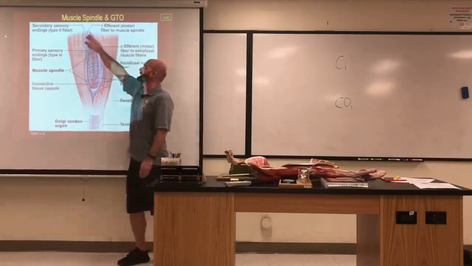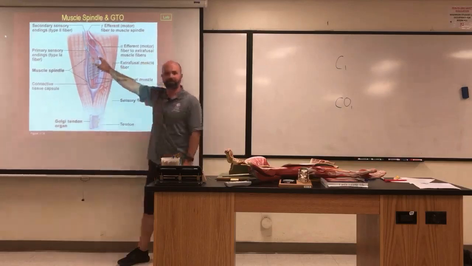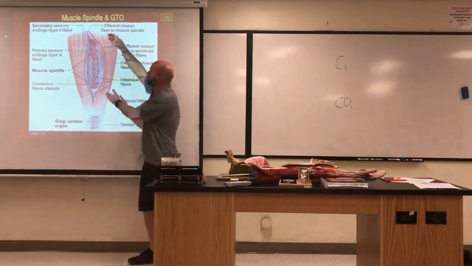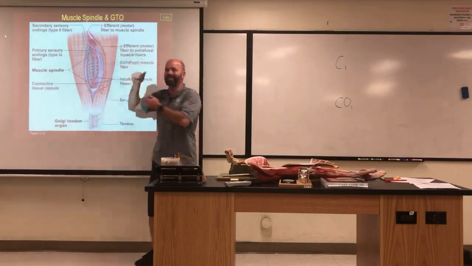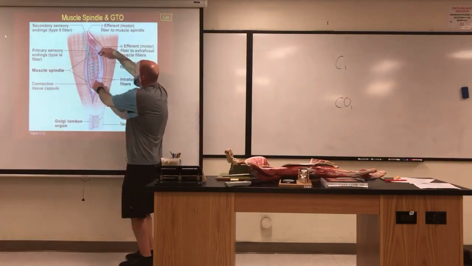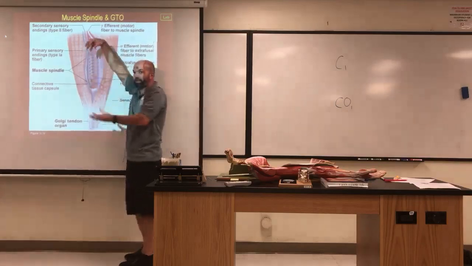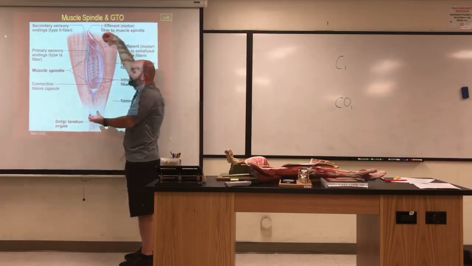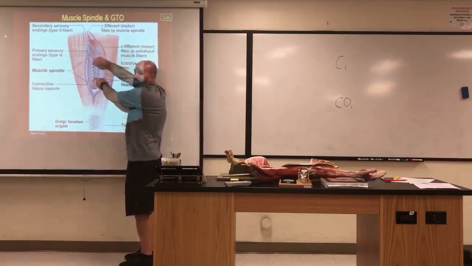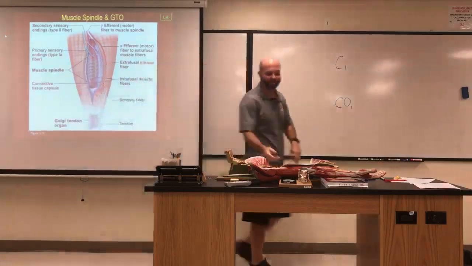And then the gamma motor neurons innervate the intrafusal fibers. In order for the muscle spindle to be sensitive at any muscle length, we have to be able to not only lengthen the intrafusal fibers, which is easy, we stretch them, and that's passive, but we also have to be able to shorten them. And the only way to do that is actively, to actually contract them.